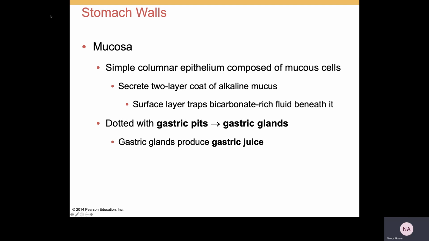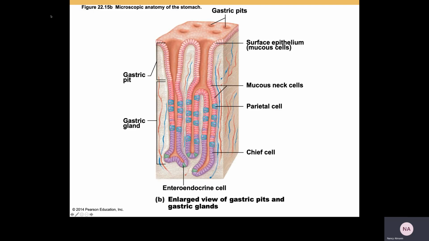Mucosa will hold gastric pits, which will divide out into gastric glands, and those gastric glands are going to produce copious amounts of gastric juice. It shows you the pits. That shows you the glands that arise deep to the pits.